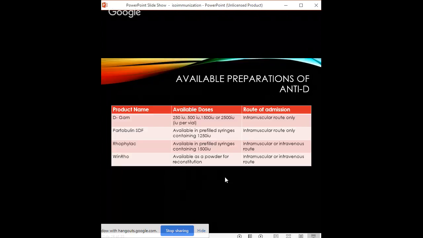It's obtained from sensitized donors, people that have been intentionally or unintentionally sensitized. So they really purify that to get pure derivatives that can be given IV without anaphylactic reactions. Whereas the ones that are not so purified, your DGAM, your partobulin, for example, you can only give those intramuscularly. Okay?